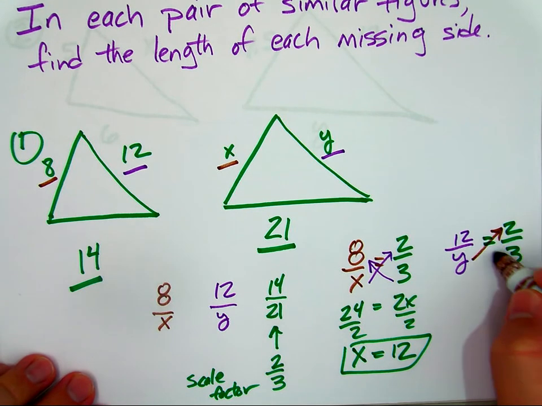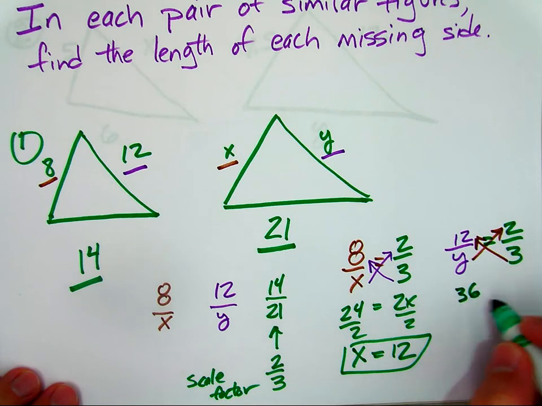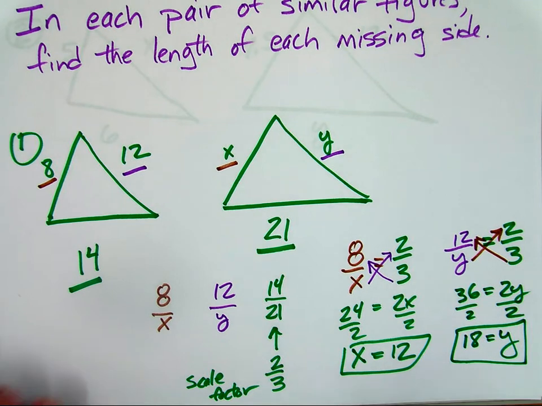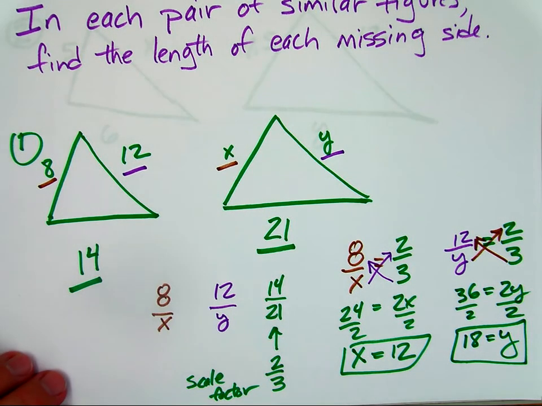Y times 2, 3 times 12, 36 equals 2y. Divide both sides by 2, and I get 18 equals y. So the missing sides of this triangle are 18 for y and 12 for x.